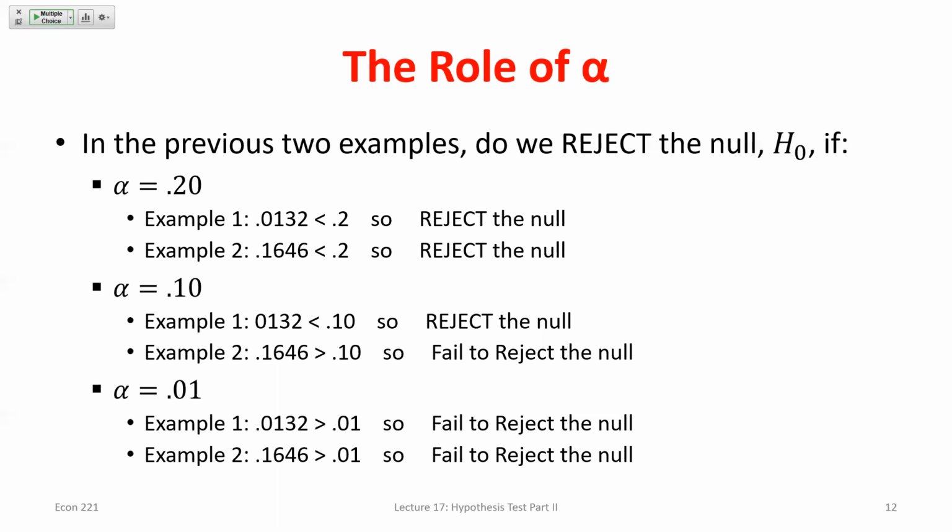As soon as I start to think about levels that go above that p-value, I can't reject at any of those. So it's almost like my cutoff rejection level, right? I can reject at any alpha level below 0.1646, my p-value, and I would fail to reject whenever alpha gets above that. So that's what my p-value is telling me. It's almost like my threshold level that I could reject at.